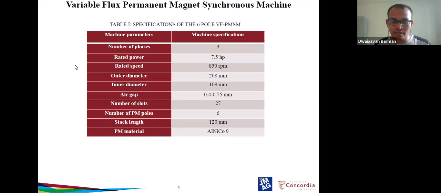This variation of the air gap not only improves the THD of the back EMF, but also it reduces the magnetizing current of the variable flux PMSM, which consequently reduces the inverter rating to drive the variable flux PMSM.